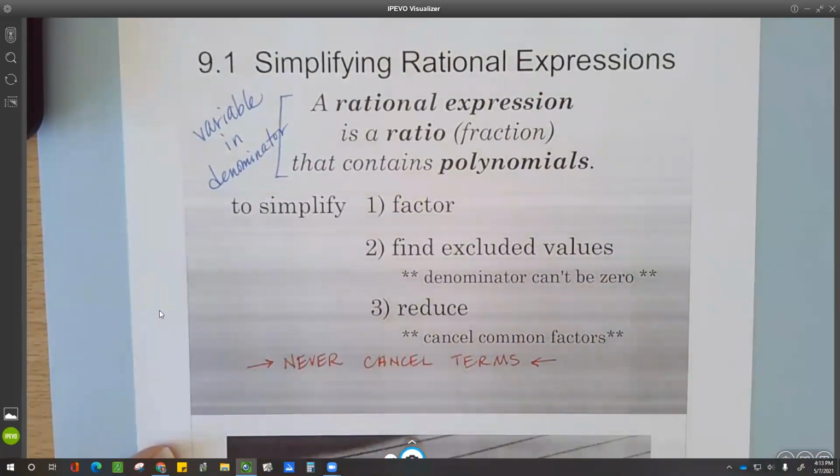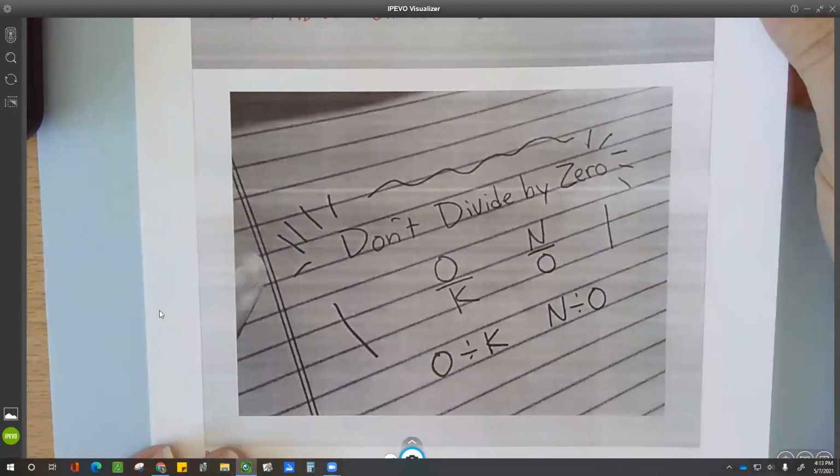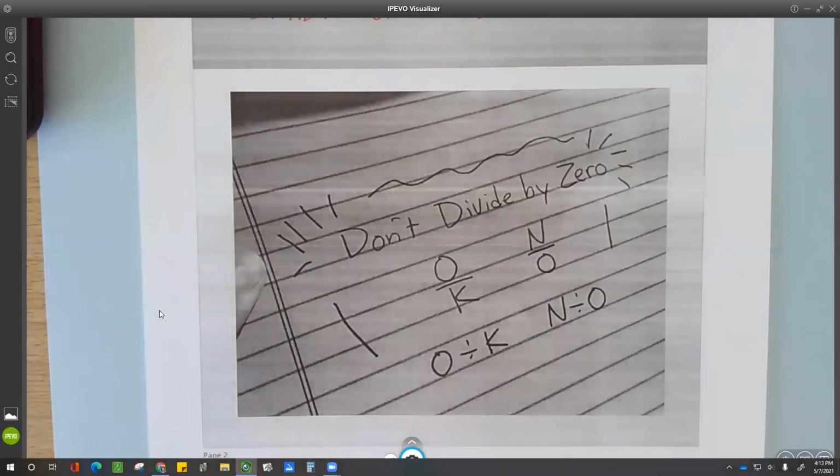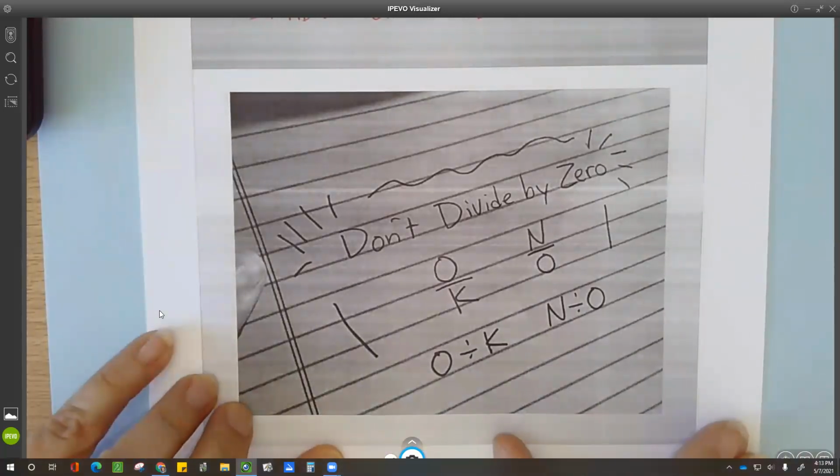So those are our rules. And then here's a little image to help you remember, we don't ever divide by 0. You can have a 0 in the numerator, that's okay, but you do not have a 0 in the denominator. So if you want to make yourself a little note.